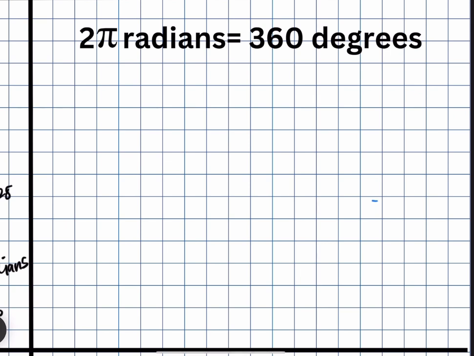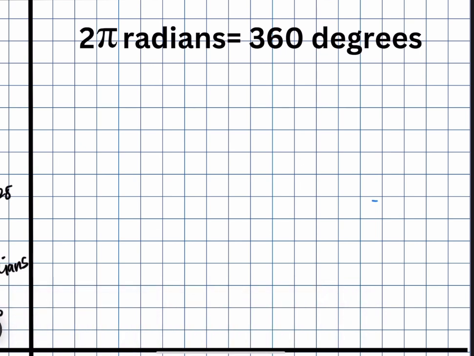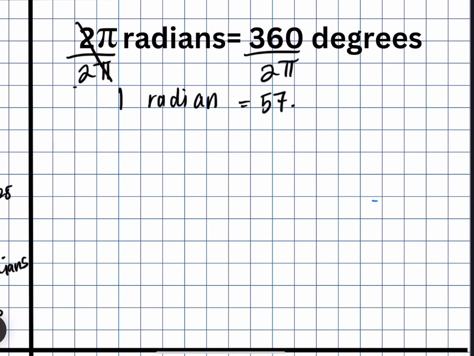I can create a conversion. So if I were to, for example, divide 2 pi radians by 2 pi, I would get that 1 radian. That is equal to about 57.29 degrees.